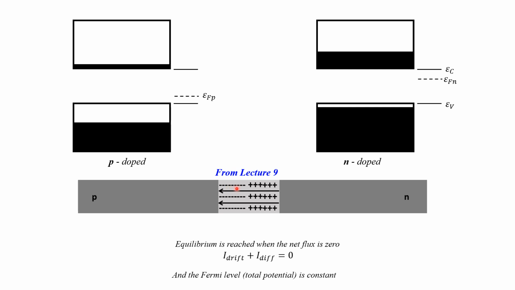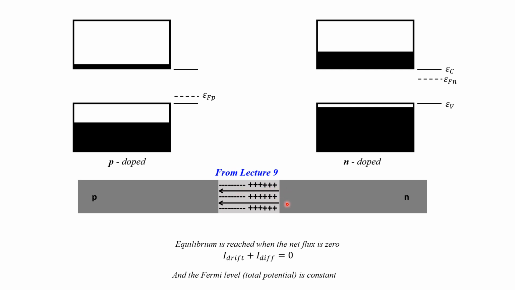For example, when electrons are trying to diffuse from n to p, the force is in the opposite direction of the electric field, so it's in the direction of p to n. The electric field pulls the electrons back. And this current caused by the electric field is in the opposite direction of the diffusion current.